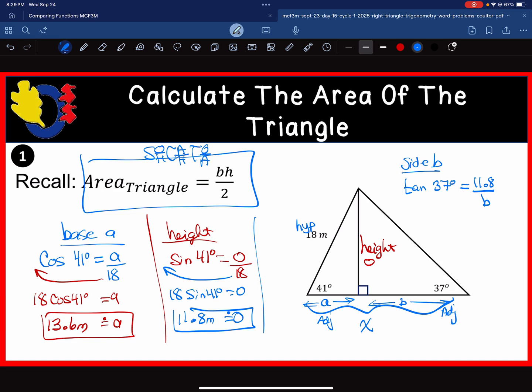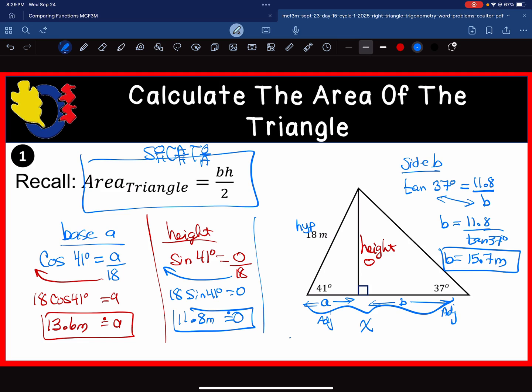Okay, so that's what we're trying to figure out. Actually, I'm going to switch those two because b is on the bottom. So b is equal to 11.8 divided by tan 37 degrees. So b is equal to, if we plug that into the calculator, 15.7 meters.